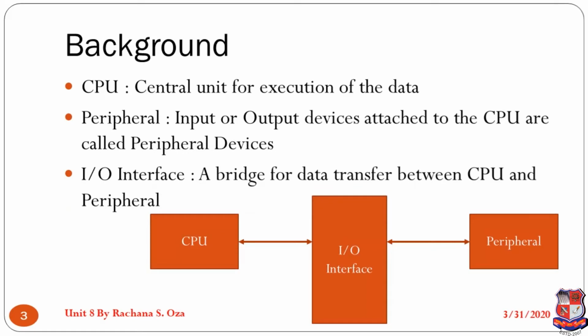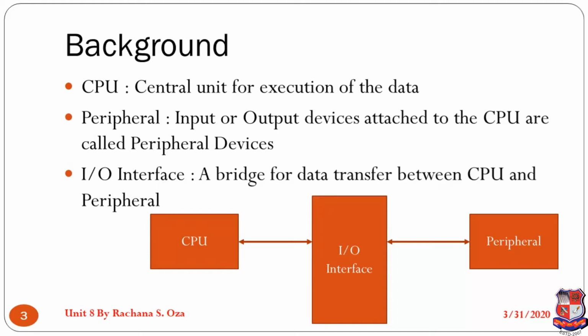So on the current slide you can see that we have one block diagram consisting of 3 entities. First is a CPU, second is an IO interface and third is a peripheral. So let us identify their roles and responsibilities. First, CPU.